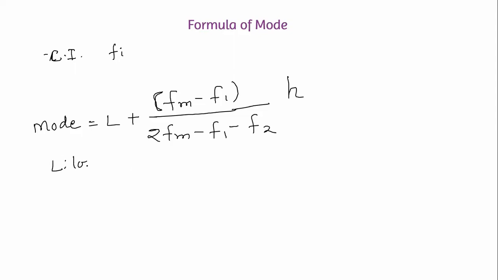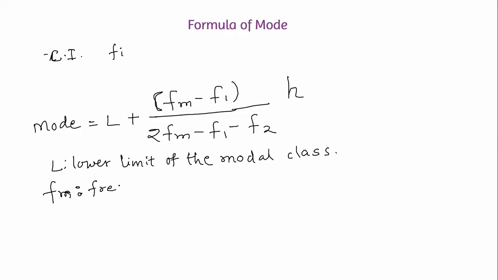So L is the lower limit of the modal class. Now how to identify the modal class? We have to see the column of frequencies. You have to identify the maximum frequency, and the corresponding class interval is going to be the modal class interval. Then small fm, small f means simple frequency, so frequency of the modal class.